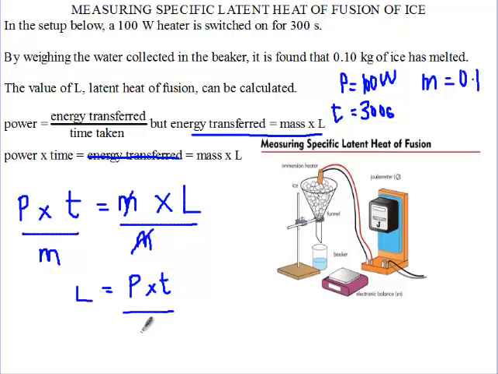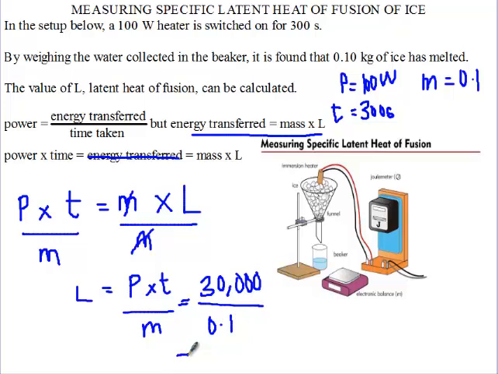What is power? Power is 100. What is time? Time is 300. So when we multiply these two, we are going to get 30,000, divided by 0.1.